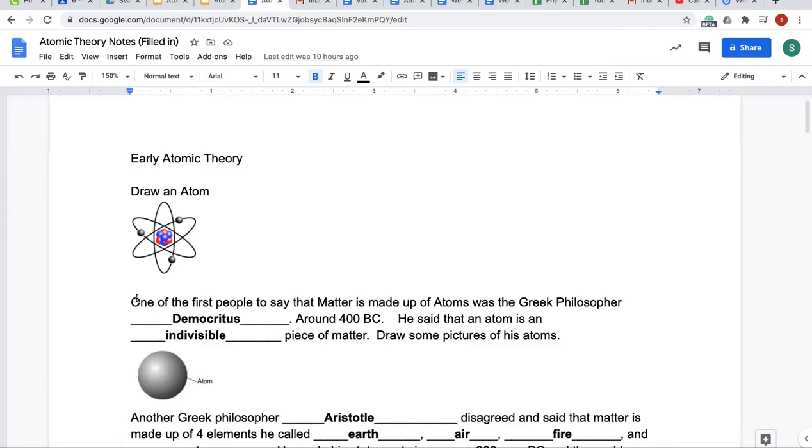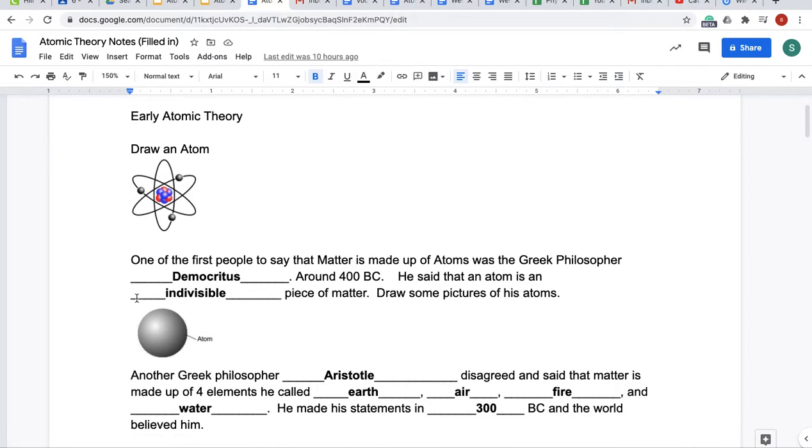Well, he thought that matter was made up of atoms, and they were these indivisible pieces of matter. And so what he thought was this indivisible piece of matter was just some sort of sphere, and that's all he knew. Which is actually pretty impressive that he actually thought that all the stuff was made of these little things.